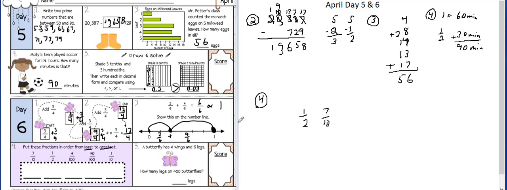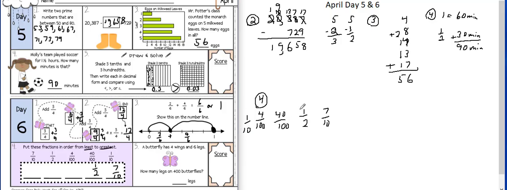So it's going to be on that side. 4/100, it's going to be over here because it's less than 1/2. 40/100, it is also going to be over here because it is less than 1/2. And 1/10, it is also going to be over here because it is less than 1/2. So right now I know that 7/10 is more than 1/2, and 1/2 is 1/2.